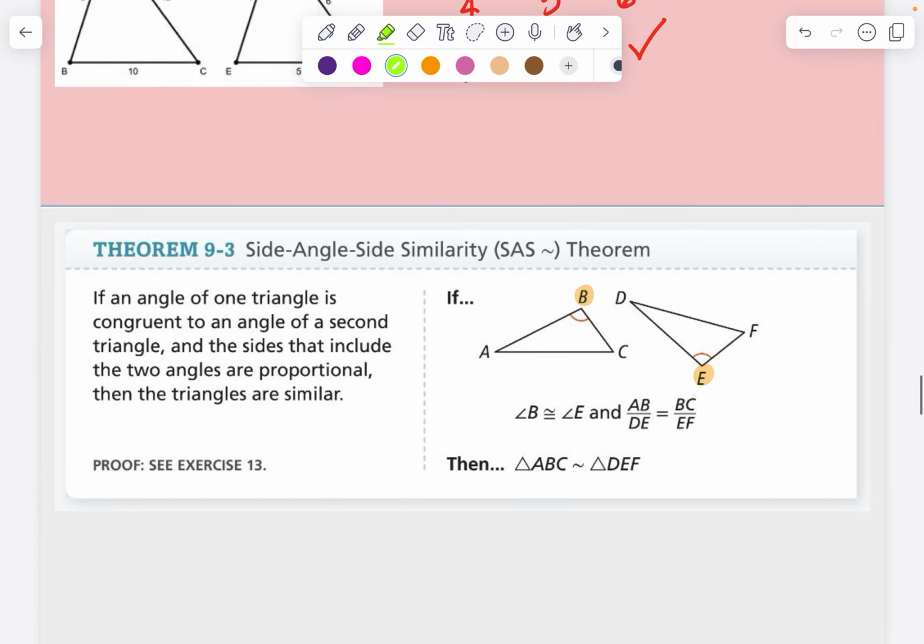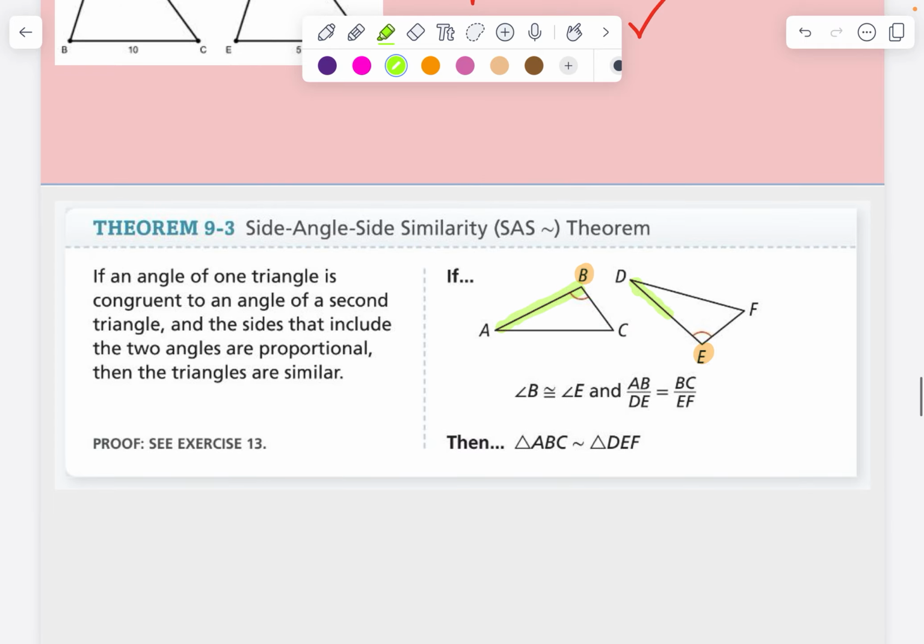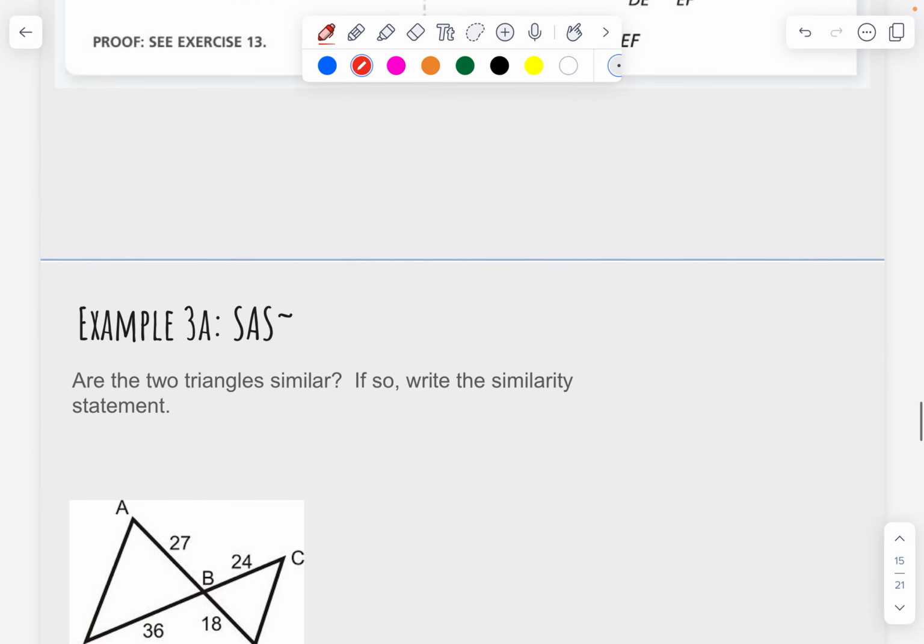So we need to do the side that's on either side of those angles. So AB and DE, and then BC and EF. Notice how it goes in the order: side, and then angle, and then side. Side, and then angle, and then side. If that is true, then the triangles are similar.